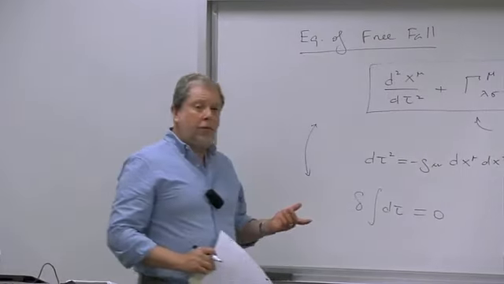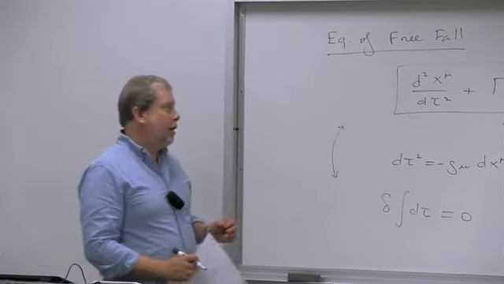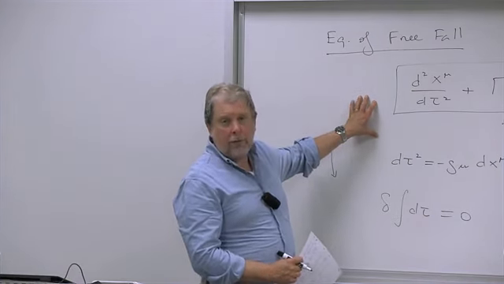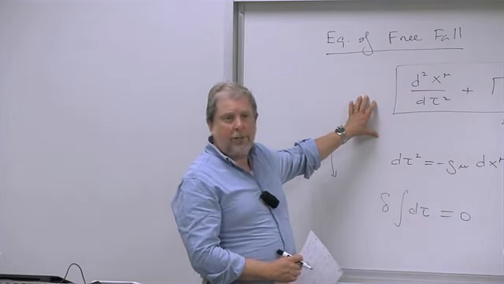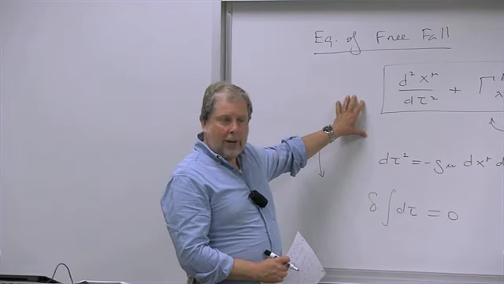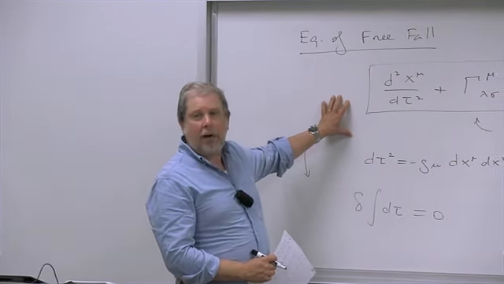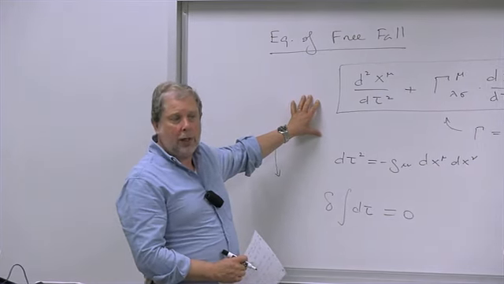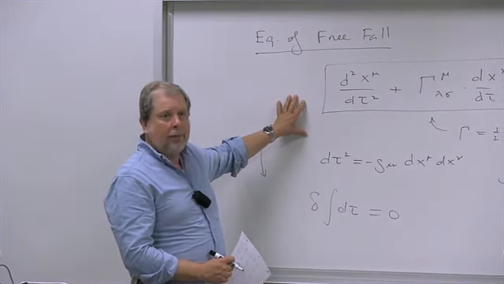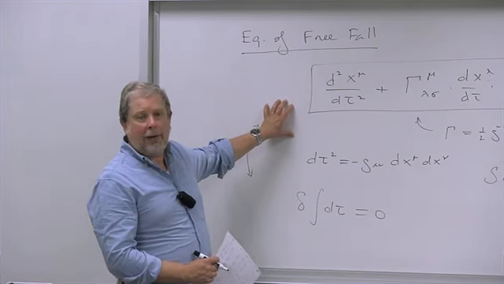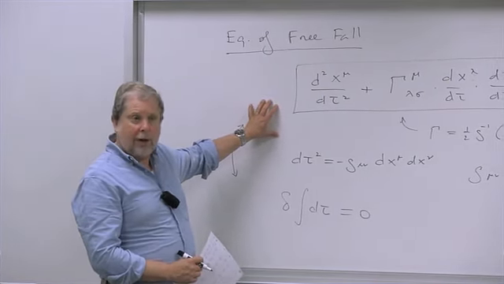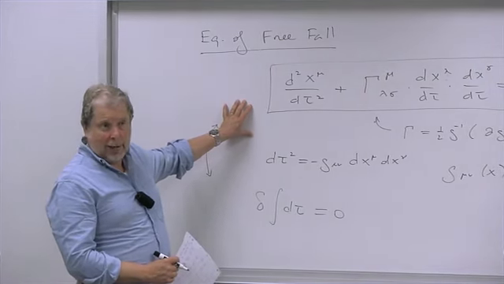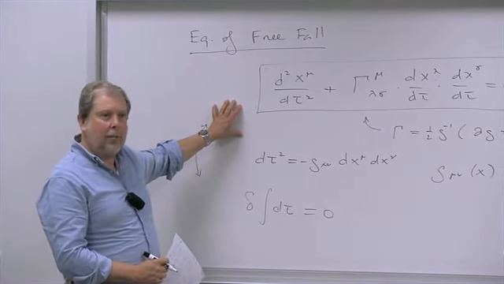So another way of viewing this equation is that it is the same as the Lorentz equation for electromagnetism. In electromagnetism, the trajectory of a particle is determined by the Lorentz equation, which involves the E and the B fields. And so this is the analog of that. The Lorentz equation is in fact fully relativistic, and we can write it in the relativistic form, and we did that in the second lecture, I believe.